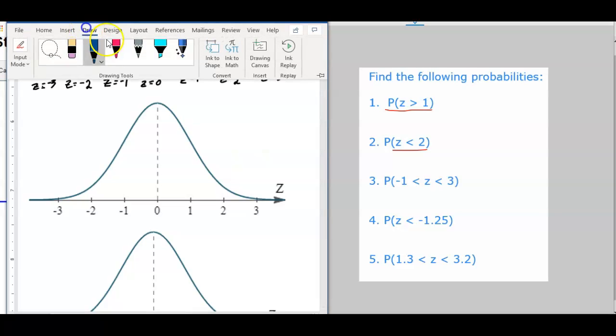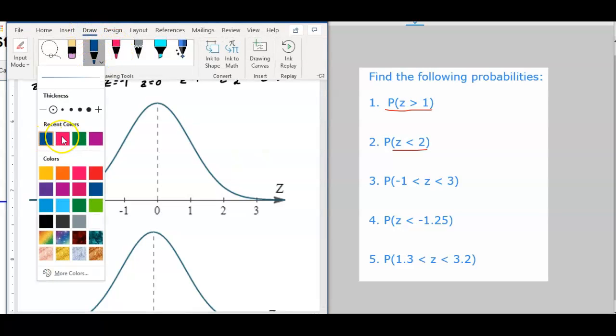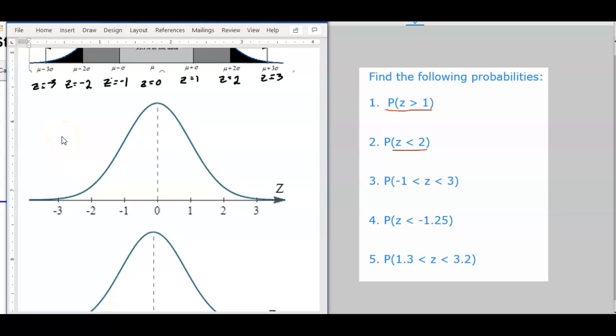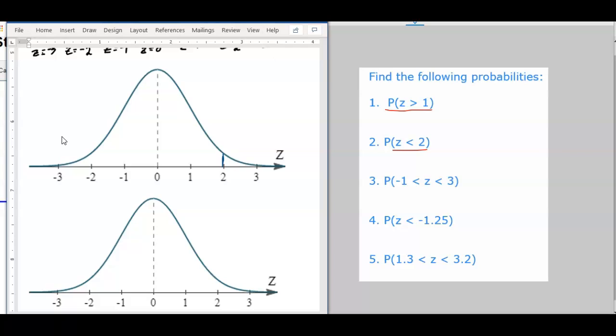In this one, we want this area from 2, but this is going less than, so we want all this region this way, all of that area. Clearly this portion is 50%. That probability of being from the mean to the left is 50%.